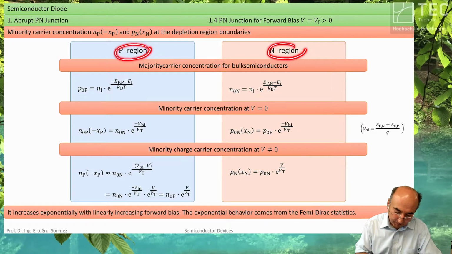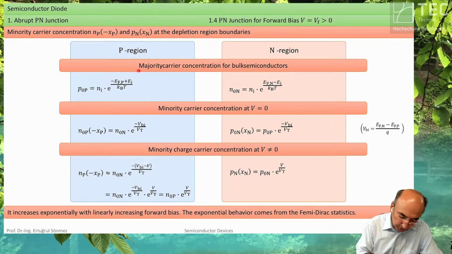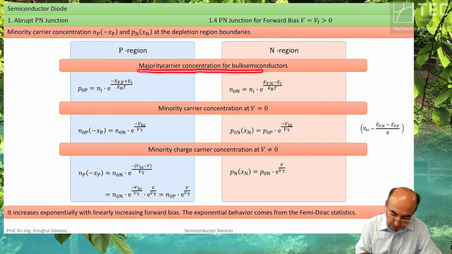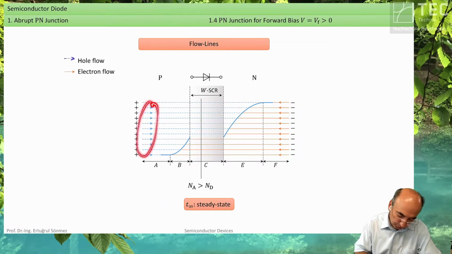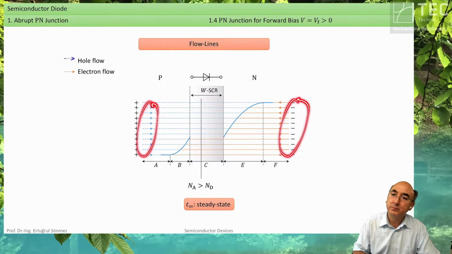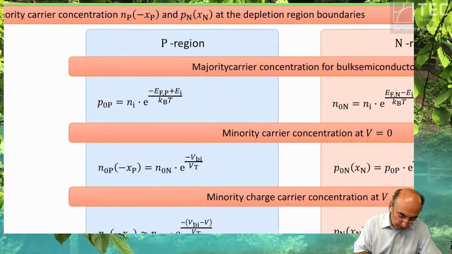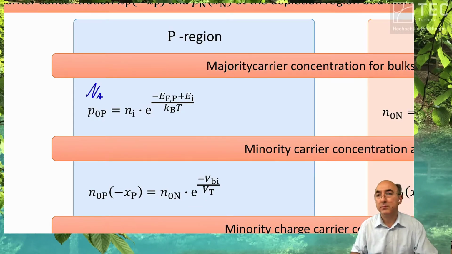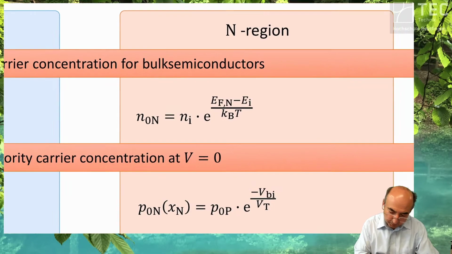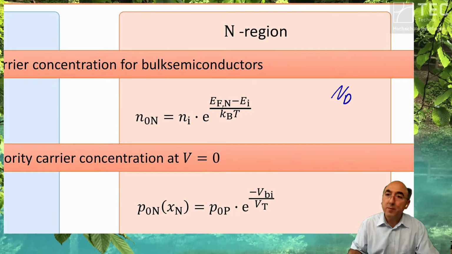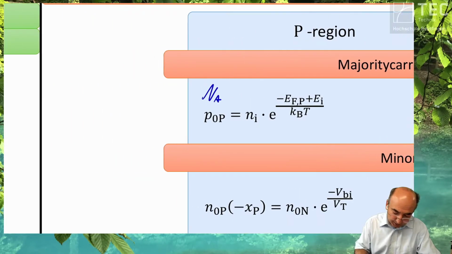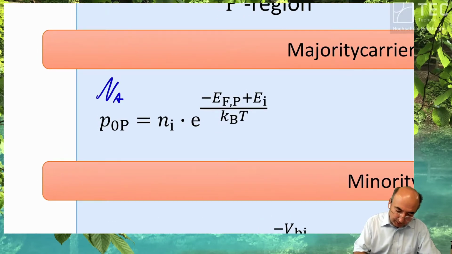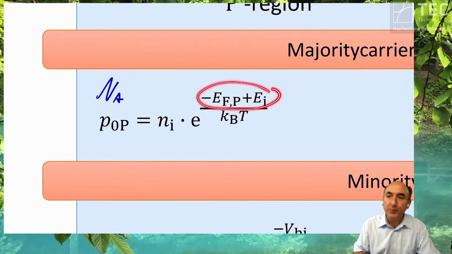Now, first, what are the majority carrier concentrations for the bulk semiconductors? Bulk semiconductor, so here and here. What are they? They are NA, and here ND. But you can also express this by the Fermi level.